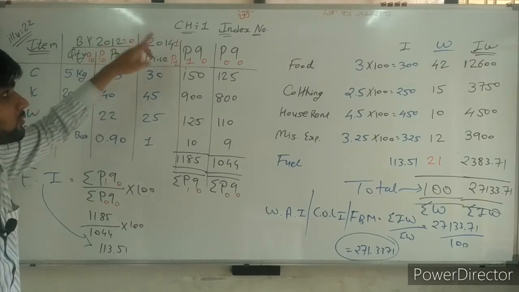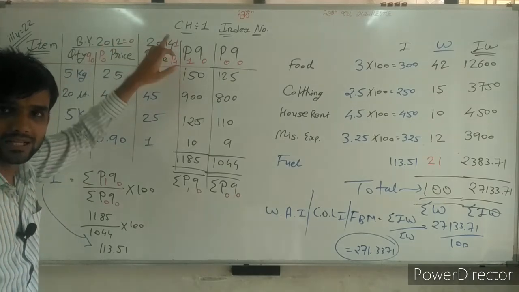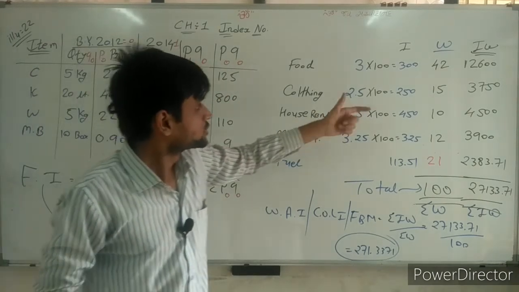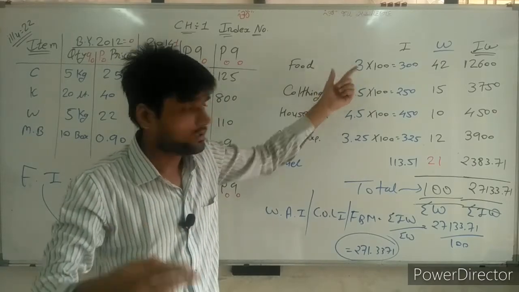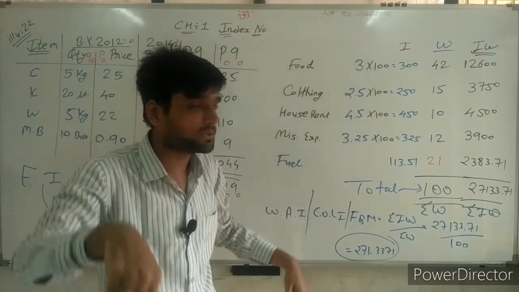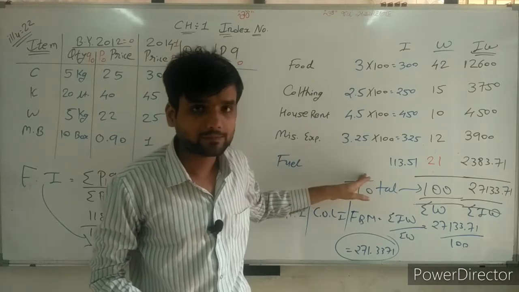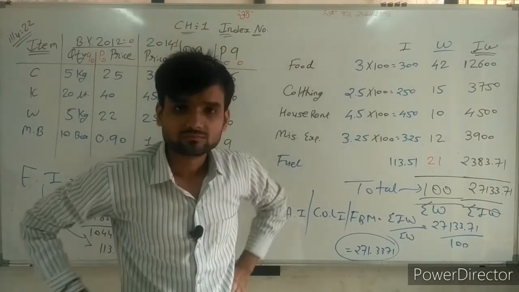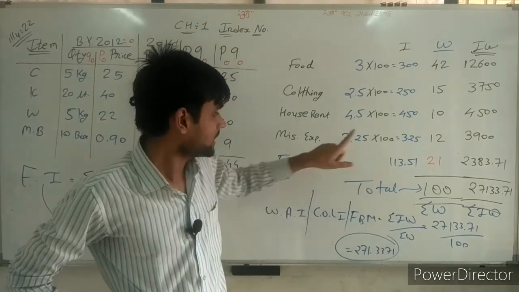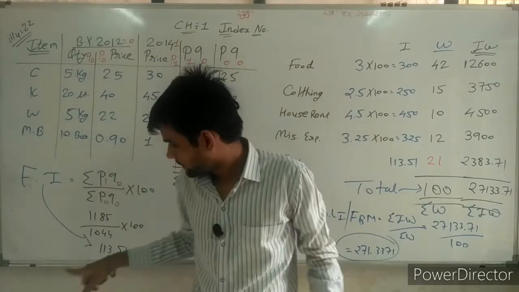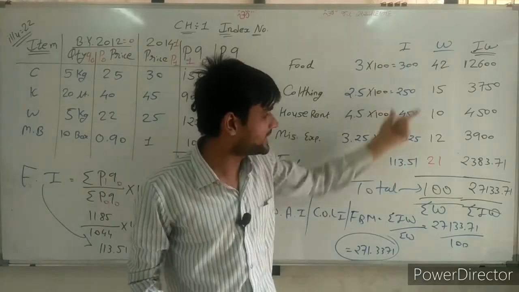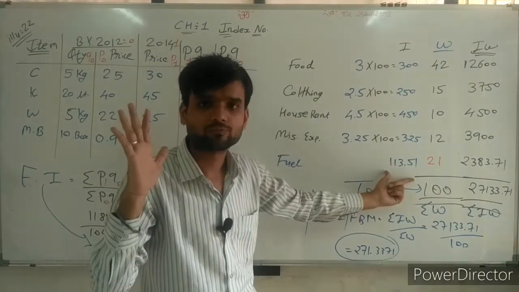So compared to 12, what is in 14? That is very important. So 3 times, 2.5 times means multiplication. So I have multiplied with it. So I is given. The fuel item I we have found here. So all the I index numbers I have.